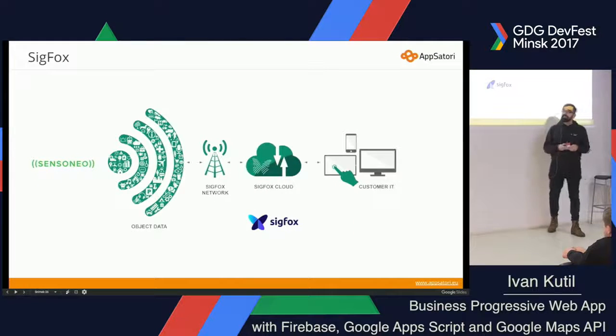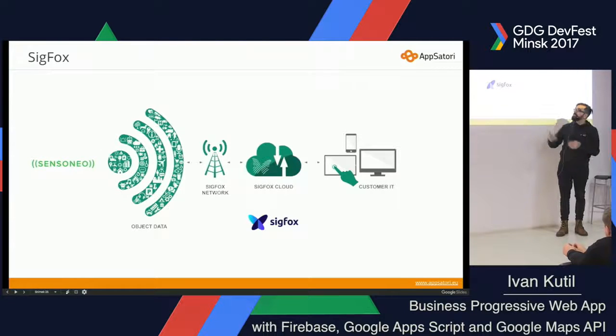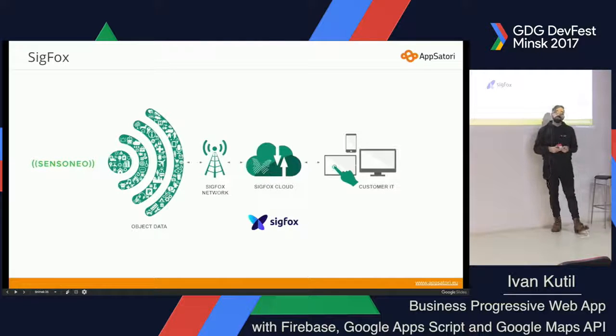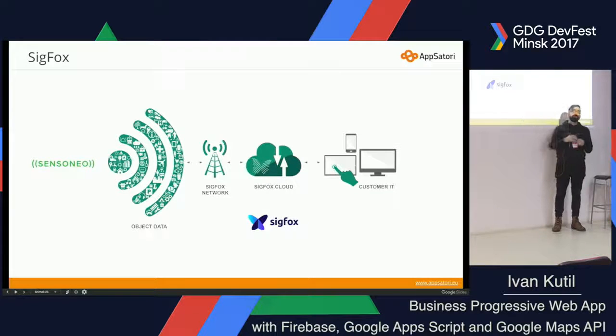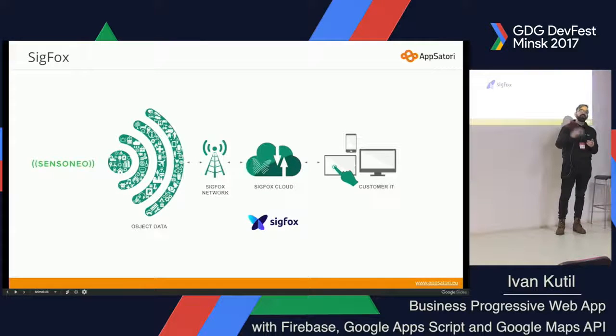Sigfox is an operator of an Internet of Things network. So for us, it's very easy to use because Sensoneo is directly connected to Sigfox. Sigfox sends data to the cloud, and when the measurement from the hardware is sent, we get a callback to our server.